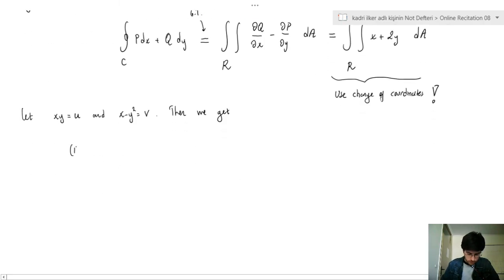Basically, first we should write down the area element, but maybe it's easy to compute this determinant first, right?